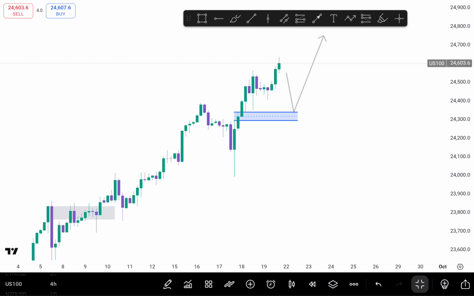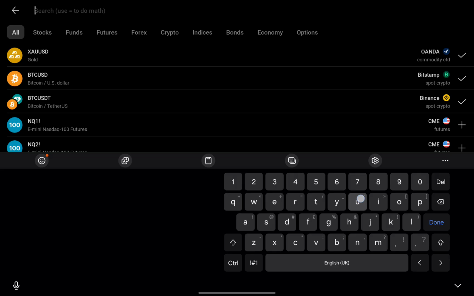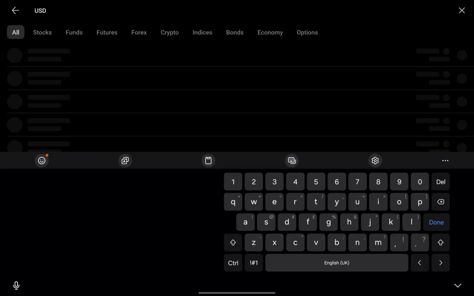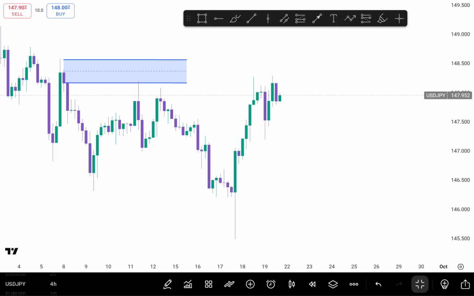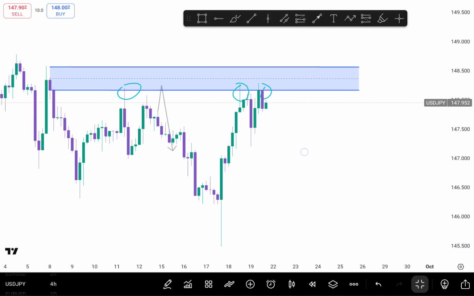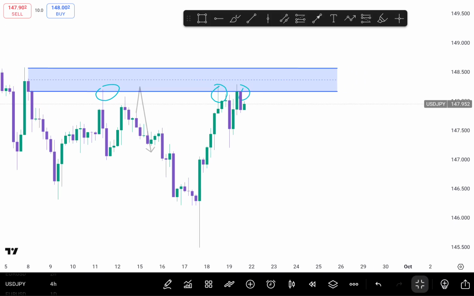So moving on, we'll also be looking at USD/JPY. And on the USD/JPY, price has shifted in momentum.